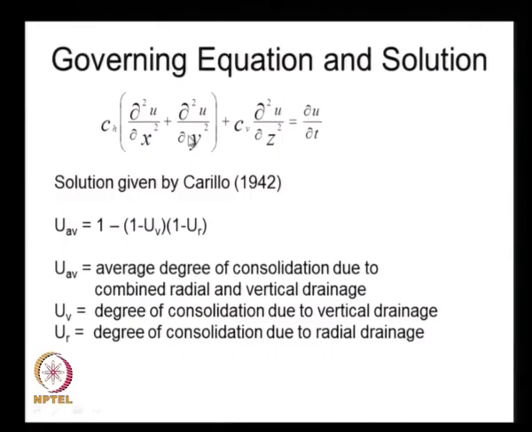The solution for this was derived by several people, notably Richart and others, and Carrillo in 1942 proposed a solution that combines the effect of the vertical drainage and also the radial drainage. He proposed that the average degree of consolidation that we can achieve because of the combined radial and vertical drainage can be written as 1 minus (1 − Uv) times (1 − Ur), where U is the degree of consolidation varying from 0 to 1.